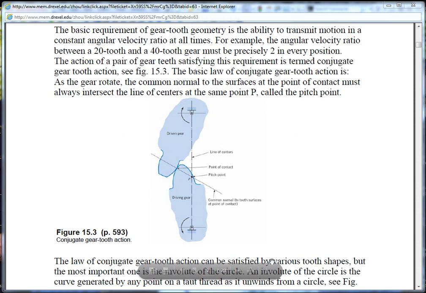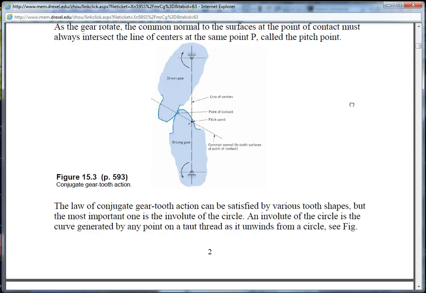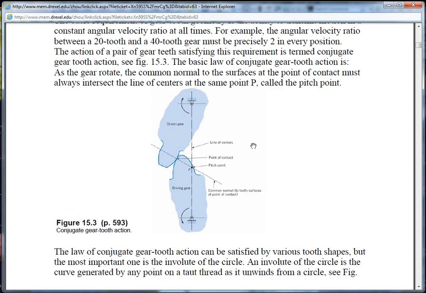And in fact, there are other profiles, as stated down here. There are other tooth profiles, tooth shapes, that can also achieve conjugate gear tooth action, but the one that's commonly used is an involute curve. Okay, and this is important.